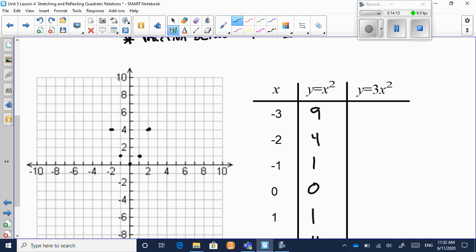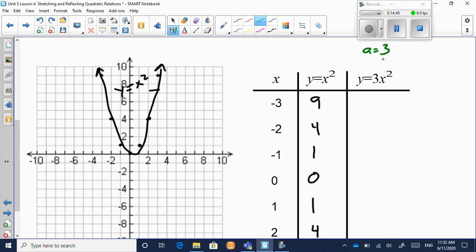Okay, so there it is. That's y equals, here, I better not write it there just in case I run out of room. That's y is equal to x squared. Okay, well, let's do y equals 3x squared. So in this case, A is equal to 3.